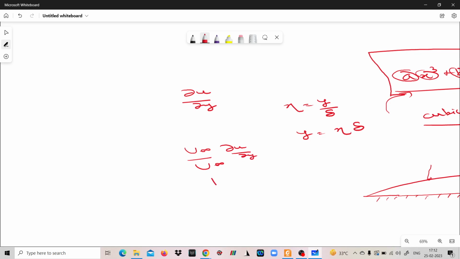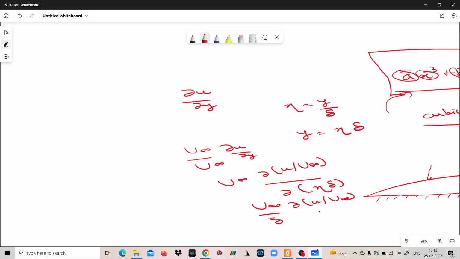What I will get is 1 by u infinity, del u by u infinity, del y can be written as eta into delta, but delta is a constant, so I will get u infinity by delta into del u by u infinity divided by del eta.